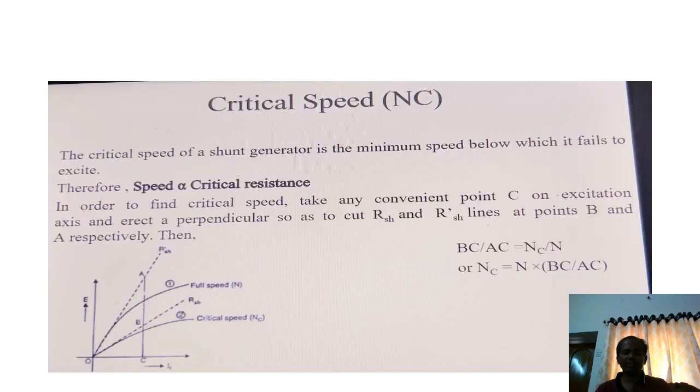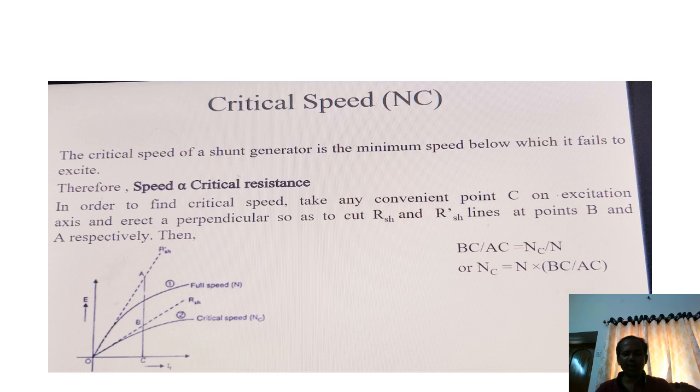Next, critical speed. The critical speed of a shunt generator is the maximum speed below which it fails to excite. The speed versus critical resistance.